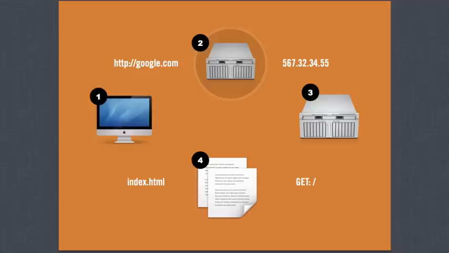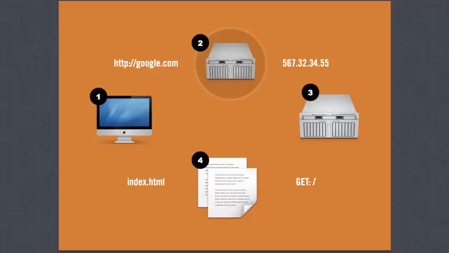So what we have to deal with this is called the domain name system. And essentially there are servers out in the world that take incoming names, domain names like google.com, and translate them into IP addresses. And IP addresses are how we actually communicate with servers and with computers.